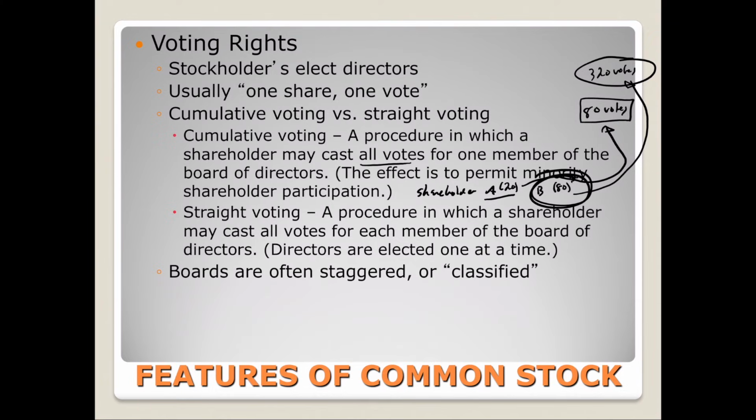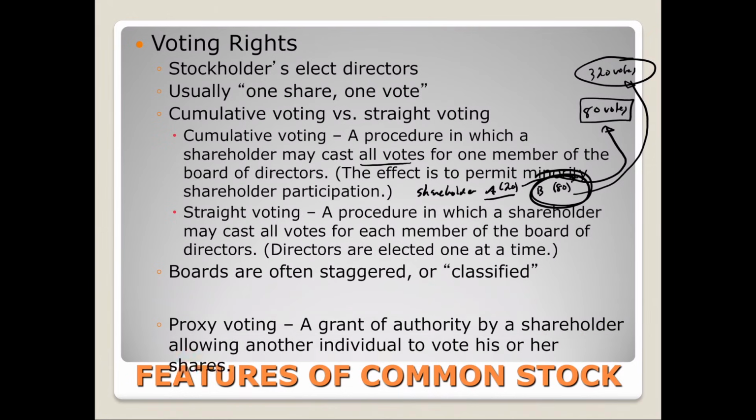So it's a mixture between cumulative and straight voting. It still provides some minority power, but it does not give them as much as cumulative voting, where they can place all their votes towards one director and really try to sway at least one of those director positions.